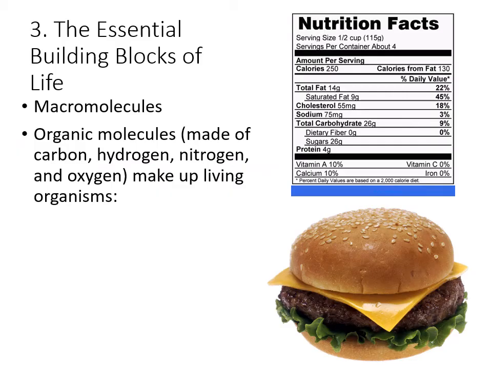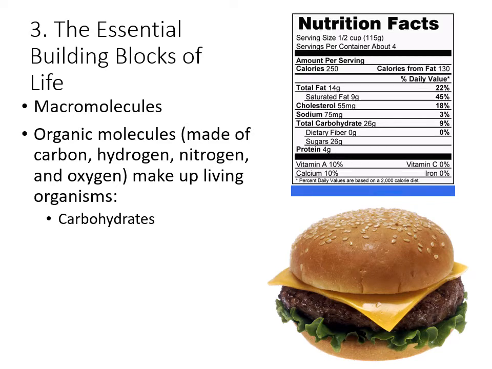So what are they? Well, you can find some of these on our nutrition label. They are organic molecules, which means they are carbon-based. And then on those carbons, they have different amounts or different forms or different bonds of hydrogen, nitrogen, and oxygen, and a spattering of other types of atoms and elements in there as well, such as phosphorus and iron and calcium and elements like that.